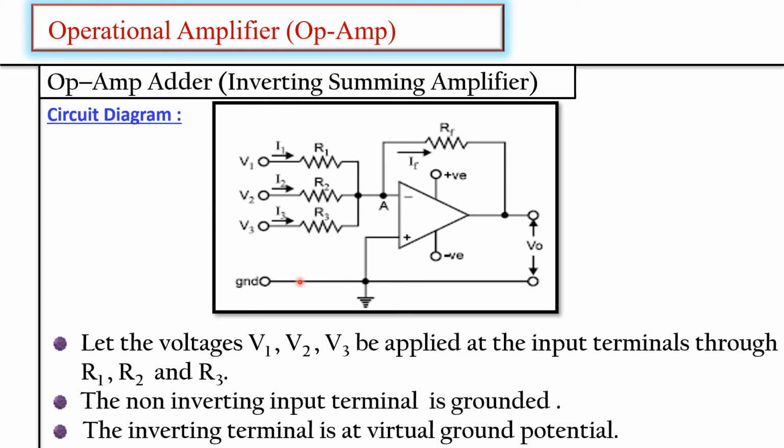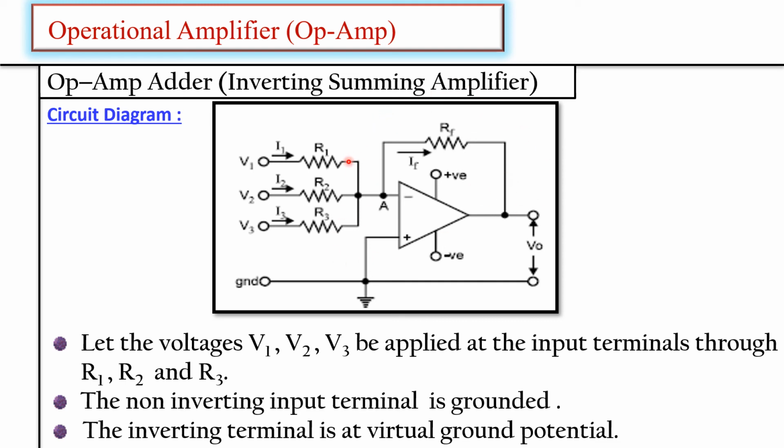As you can see here, we apply the input voltages V1, V2 and V3 to the inverting terminal via resistances R1, R2 and R3. Let us assume that the current I1 is flowing through R1, I2 through R2 and I3 through R3, and that the current IF is flowing through the feedback resistance RF.